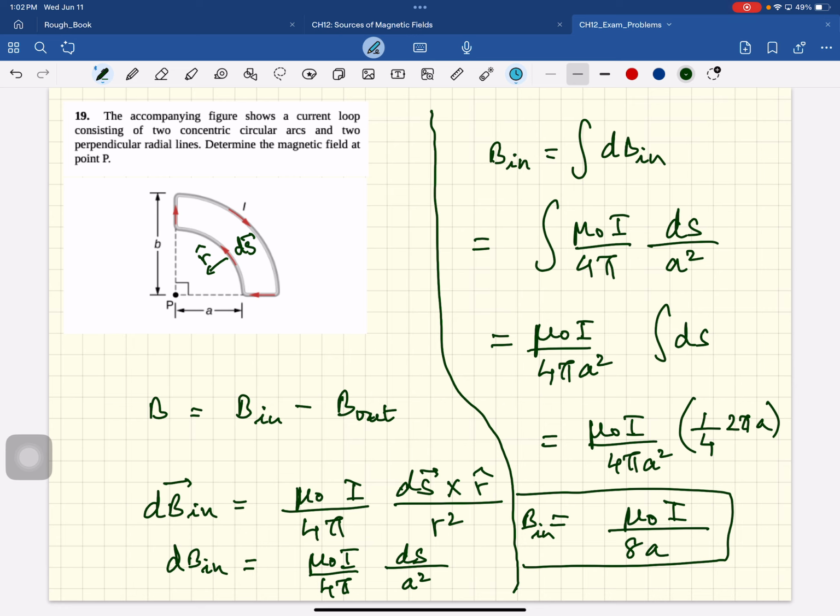Can you guess what is the field due to the outer arc? Yep, same thing with b. Since b is bigger than a, B outer is smaller.